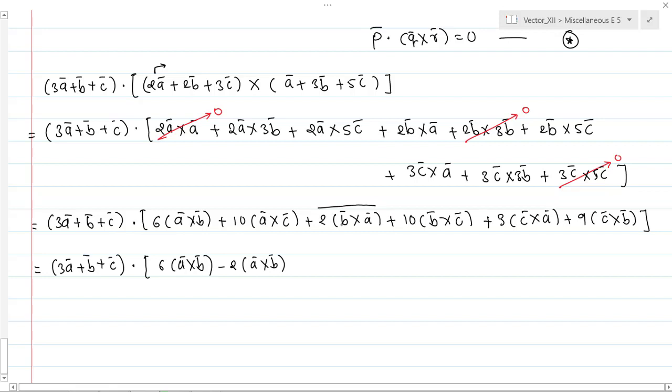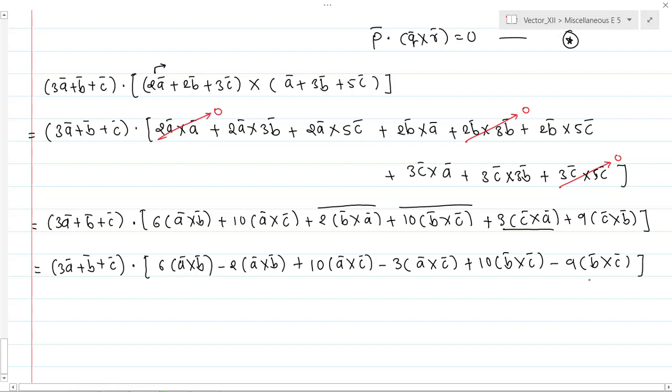So it becomes minus 2 a bar cross b bar, plus 10 into a bar cross c bar, and c bar cross a bar is minus a bar cross c bar, so minus 3 into a bar cross c bar. Finally we have 10 b bar cross c bar minus 9 b bar cross c bar.